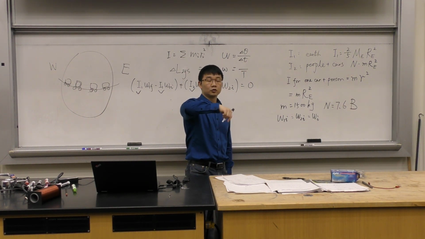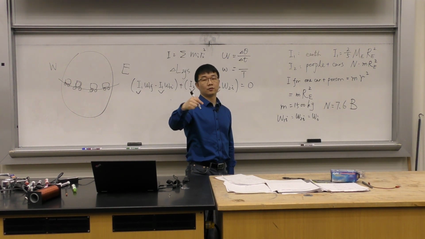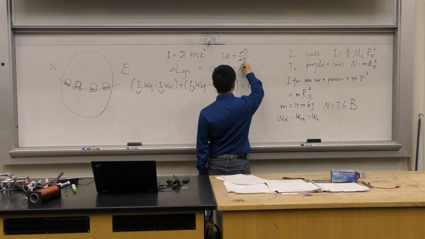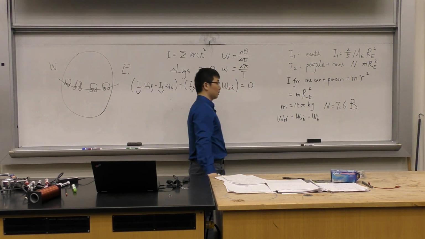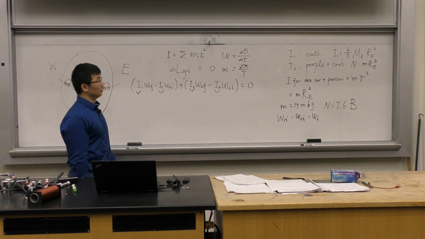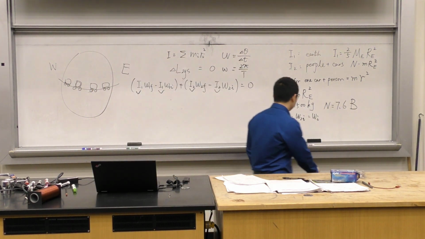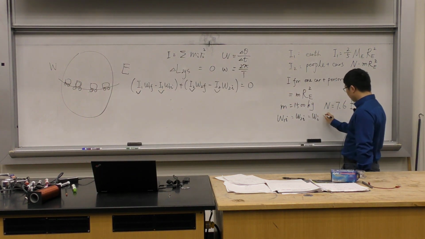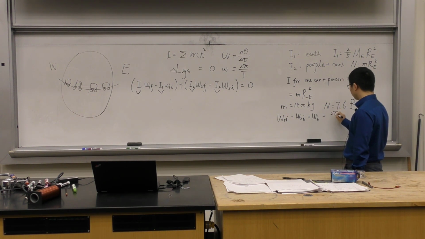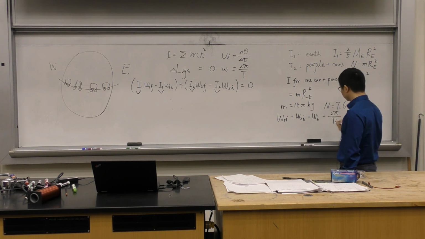That's just going to be 2 pi radians or 360 degrees. Now I'm using SI units, I should use radians. So that means omega I is just going to be 2 pi divided by TI.